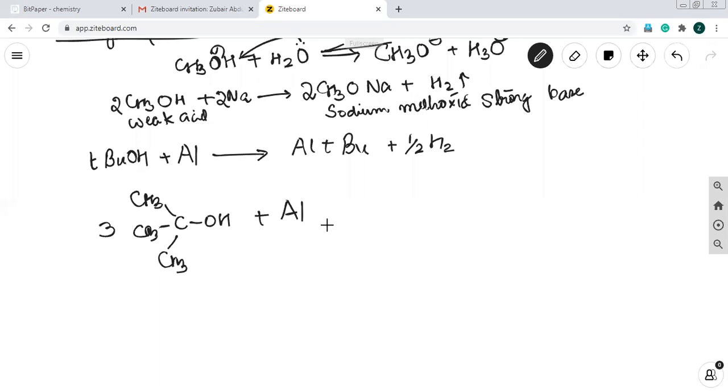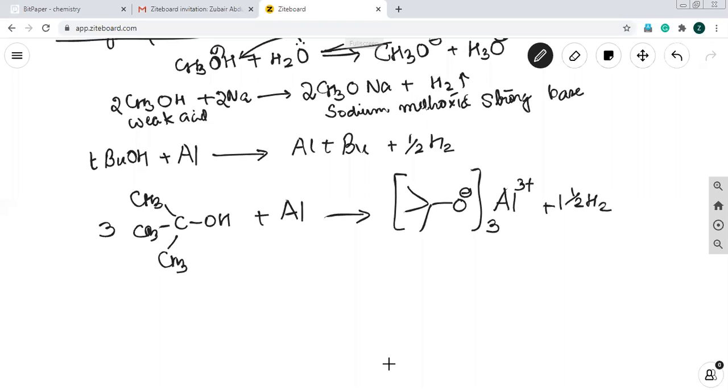So you will have O minus thrice Al3 plus, and then you get 1.5 moles of hydrogen gas. You can see here 3 hydrogen atoms.